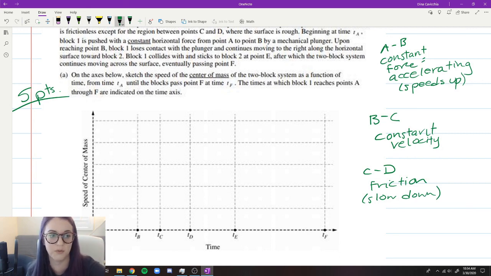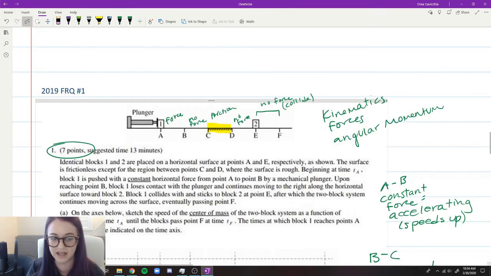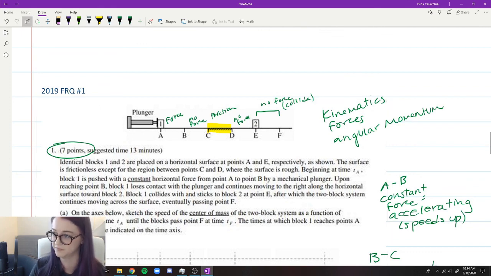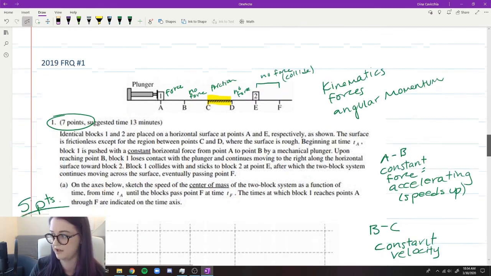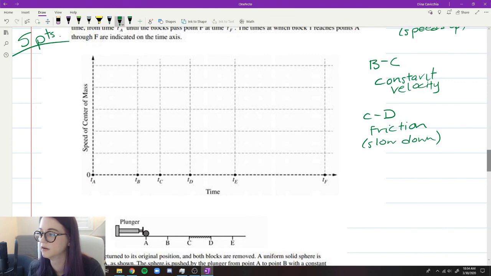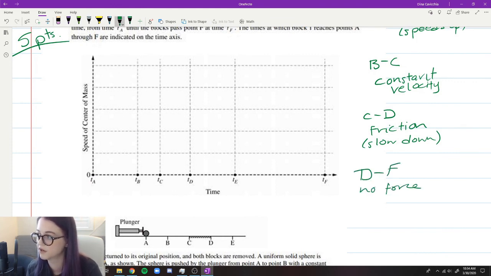Friction always opposes motion, so our object will be slowing down from C to D. And then we said from D to E to F, there's no force. Our boxes collide, but from D to F, we're going to have no force, which is going to mean constant velocity again.